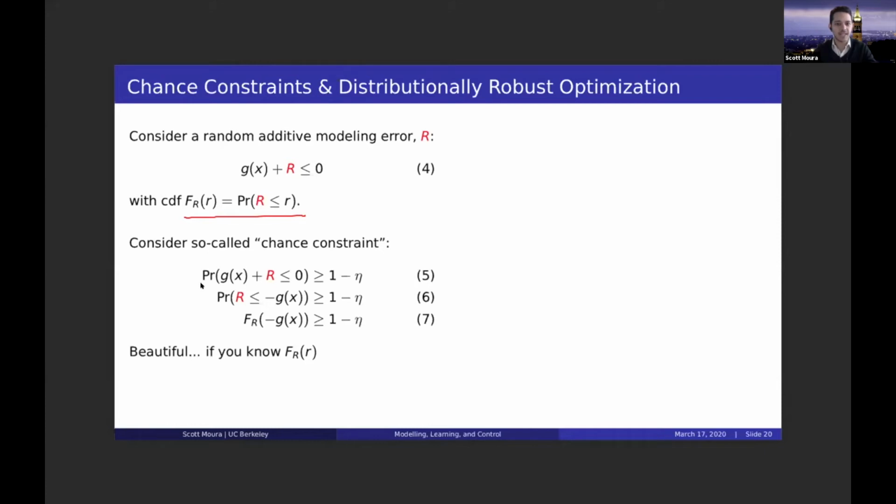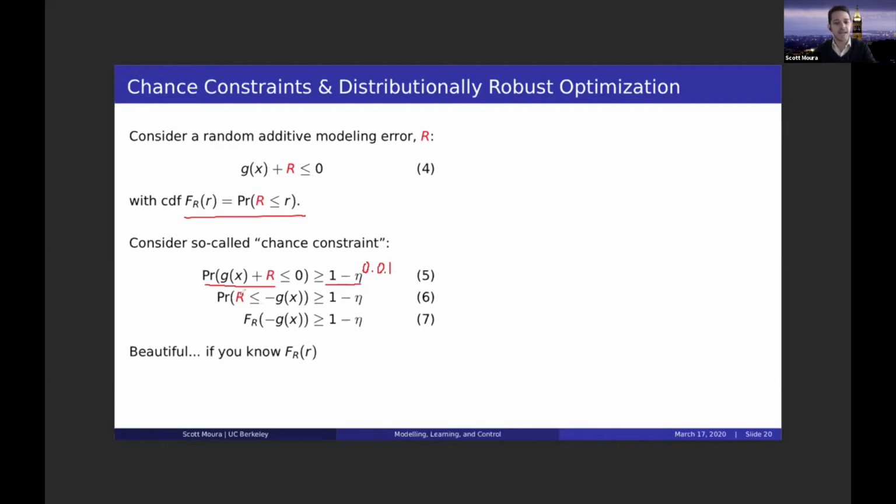So the idea here is I'm going to say, well, I don't know what g plus r will be, that sum will be random, but I want that their sum is less than or equal to 0 with some probability, 1 minus eta, or imagine eta being some safety factor. So for example, it could be 0.01.